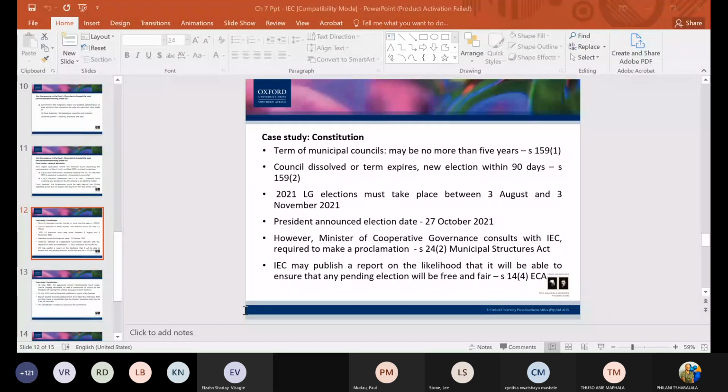And with the Delta variant, and with the possibility of having another variant before December or November, one could see that holding elections could be more risky.